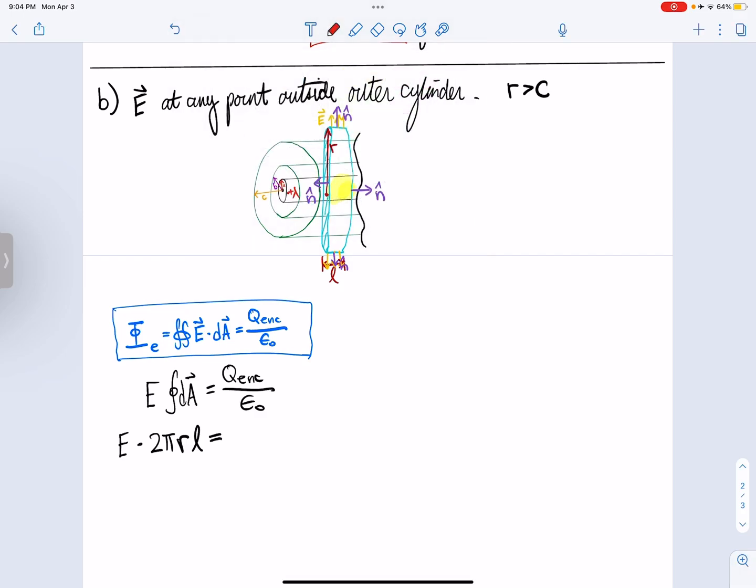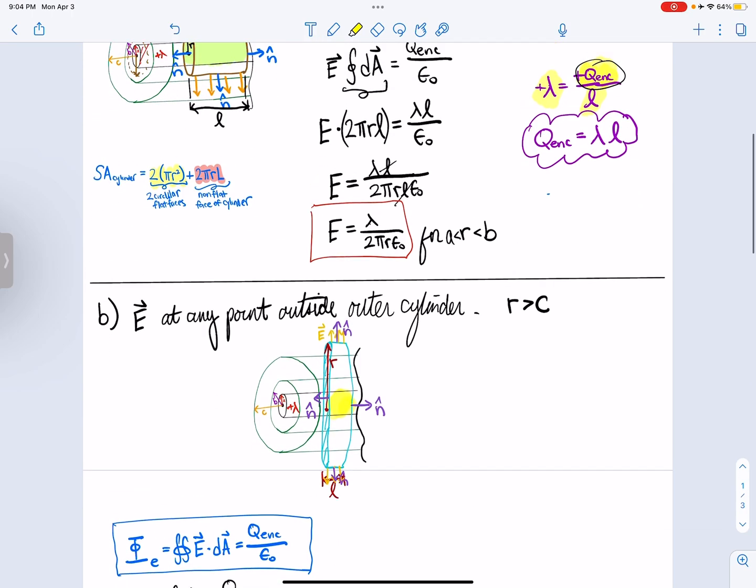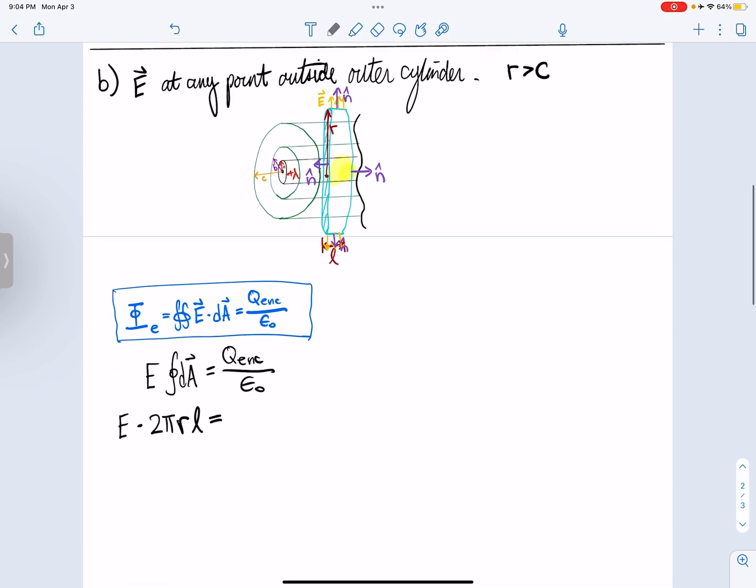I'm not going to repeat the process, but as we can see with positive charge density lambda, we've got positive charge Q enclosed divided by L. So I'm going to say my Q enclosed is equal to lambda times L. So that's equal to lambda times L divided by epsilon naught.